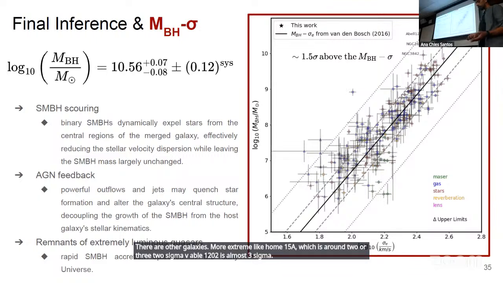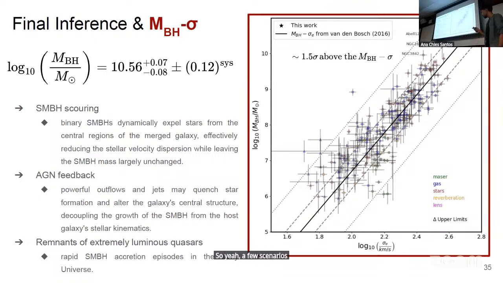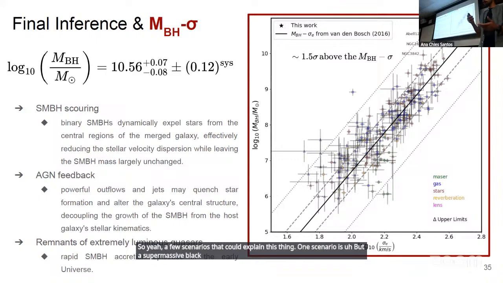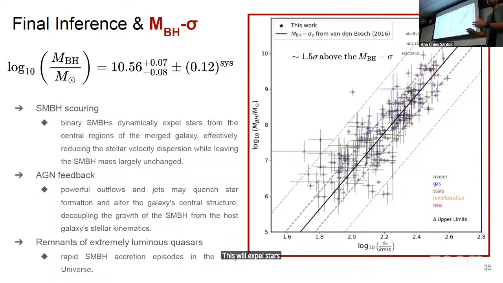So, a few scenarios could explain this. One scenario is a supermassive black hole binary merger that could have happened in the earlier stages of the galaxy evolution. In this case, because of the dynamics of the black holes merging in the center of the galaxy, this will expel stars from the central part of the potential, which will change the velocity dispersion.